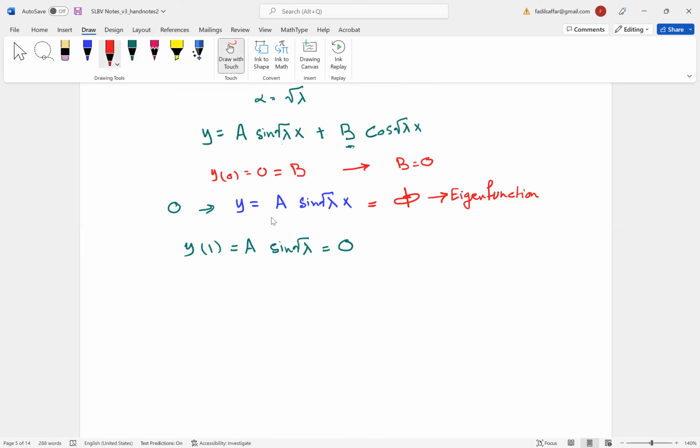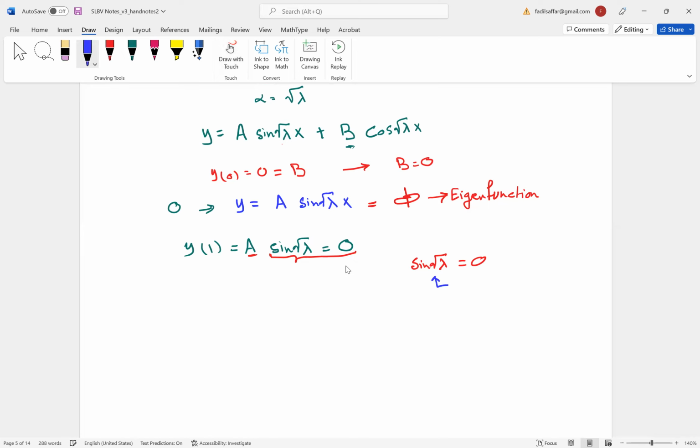But now notice that if a equals 0, the whole solution is 0, and that's just a trivial solution, and we do not want that. The non-trivial solution is that this sine square root of lambda equals 0.